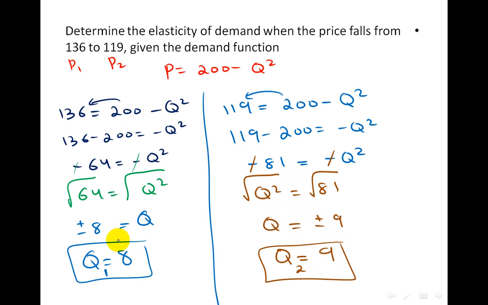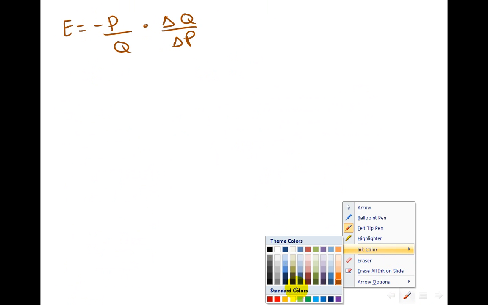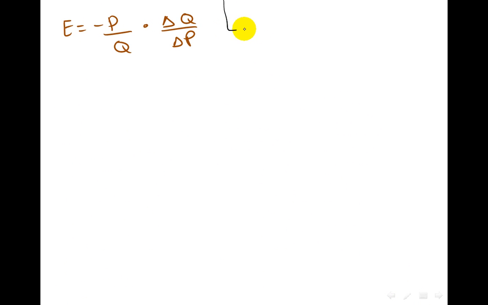So here I found Q1, Q2 based on price 1 and price 2. I'm supposed to plug these values into the formula, but still I have a problem.